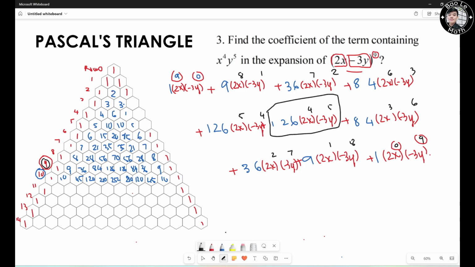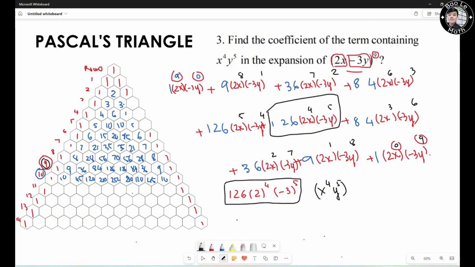Alright, so we have 126 times 2 power of 4, times negative 3 power of 5. And we write s power of 4 right here, and then y power of 5 right here.